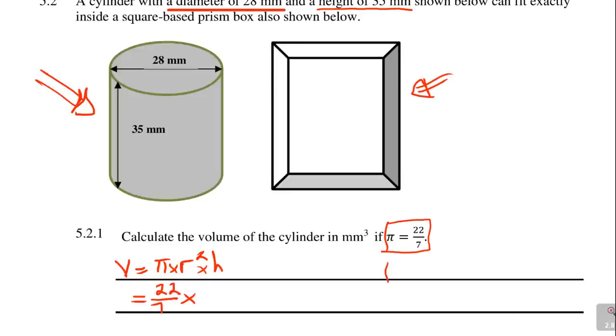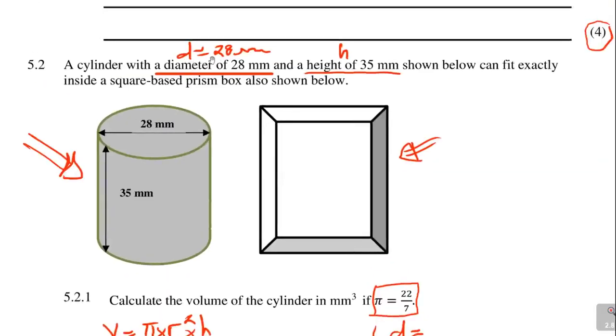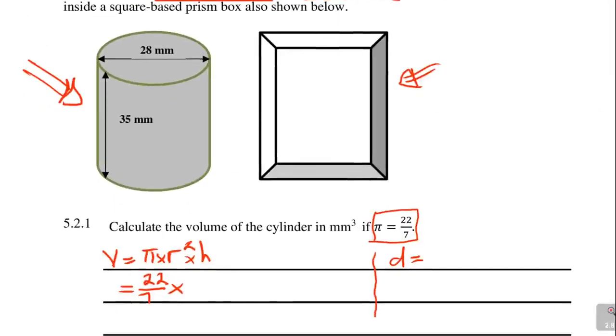Now, let me divide my line here. Now, we know the diameter. What was the diameter? You see, the diameter is 28 millimeters. So it's very important. So you write that diameter is 28 millimeters. They even showed us the diameter. But the radius is from the center to the edge here.